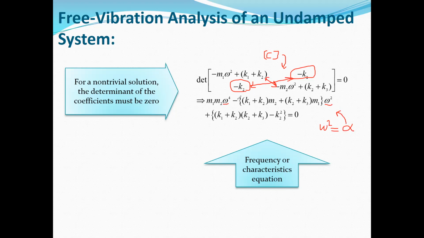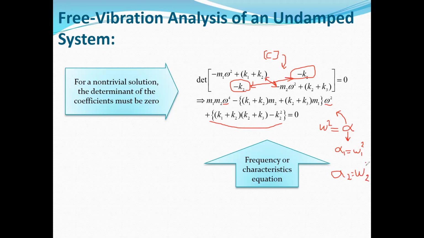I mean, instead of omega to the 4, we will have alpha squared, and instead of omega squared, we will have alpha. And here we have a constant term. By using the delta method, again, you can solve this equation and obtain two values for alpha 1 and alpha 2, where alpha 1 is equal to omega 1 squared, and alpha 2 is equal to omega 2 squared.